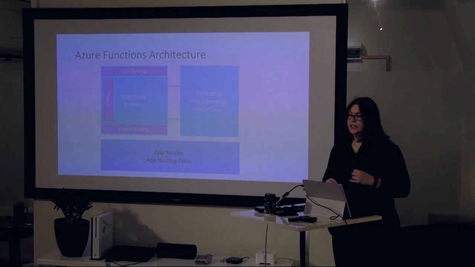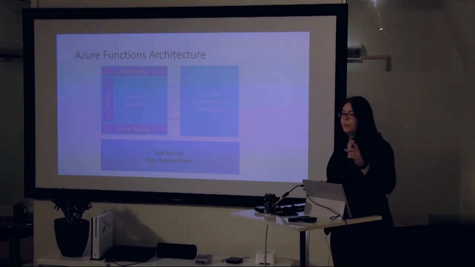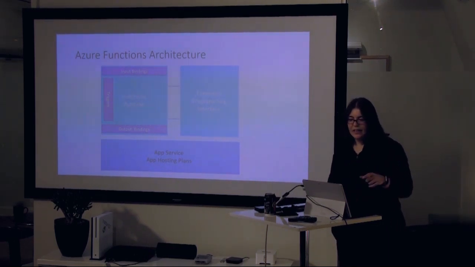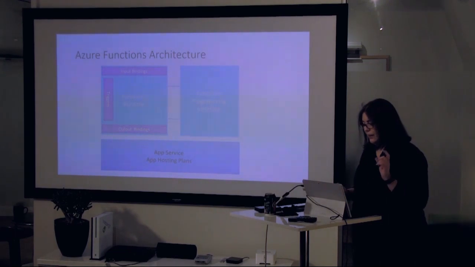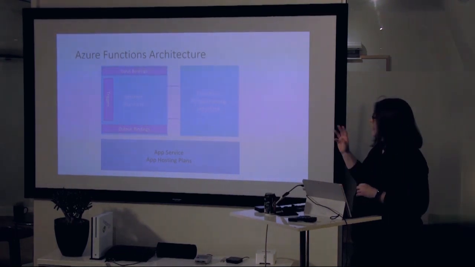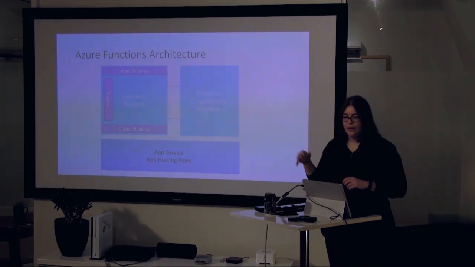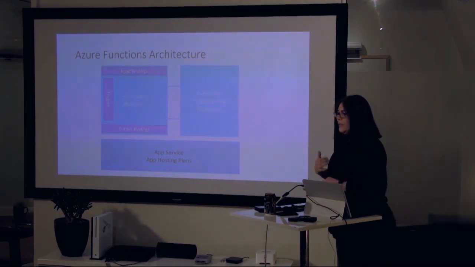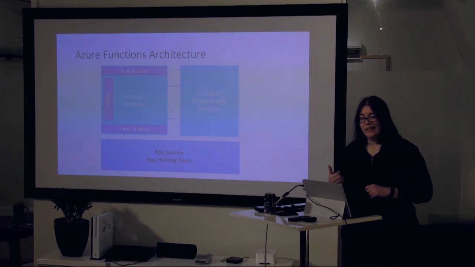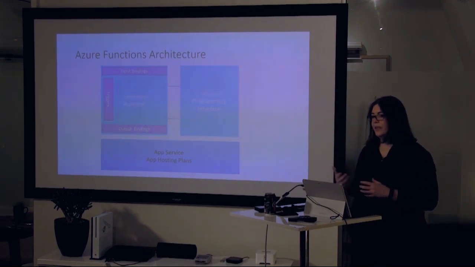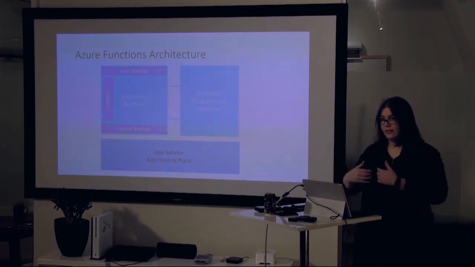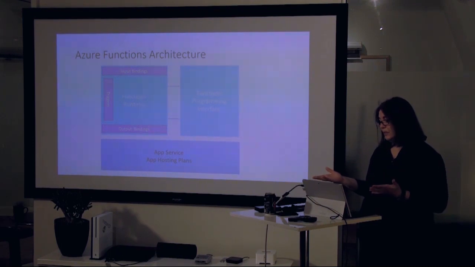So each Azure Functions app has one or more functions. And each function with its runtime gets these 3 components to it outside of just the code. One is triggers. So each function gets a single trigger, and that trigger is the event that fires it or causes it to run.